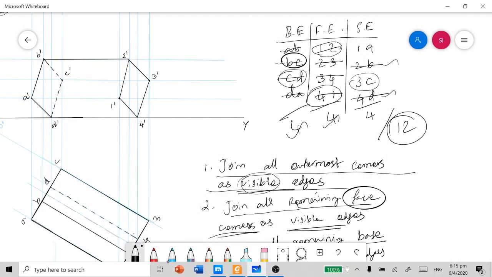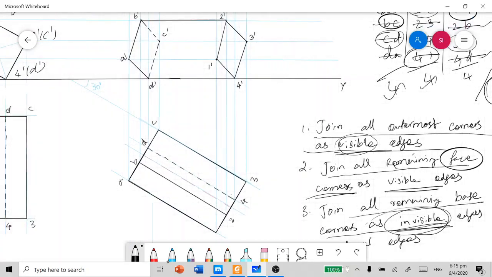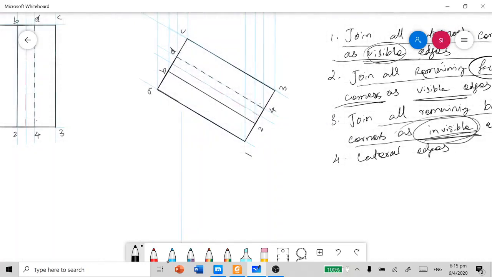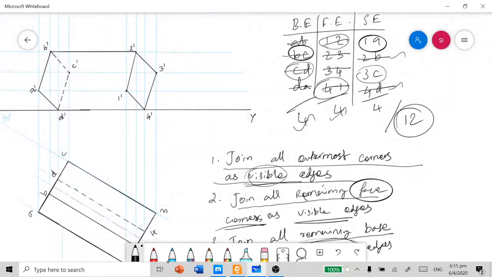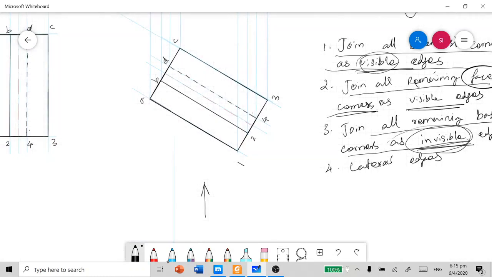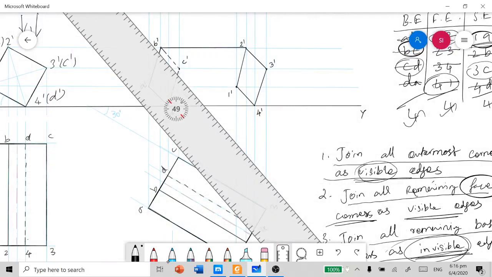The remaining 2 lateral edges are 1A and 3C. The visibility and invisibility of these edges can be found out by seeing this in the front. When you view these 2 edges from the front, you can easily decide. For example, now I need to decide whether 1A is visible or invisible. Just see this lateral view from the front. The edge 1A is purely visible to our eyes, so it's a visible edge. So now I need to connect the edge 1A in the front view as a visible edge.